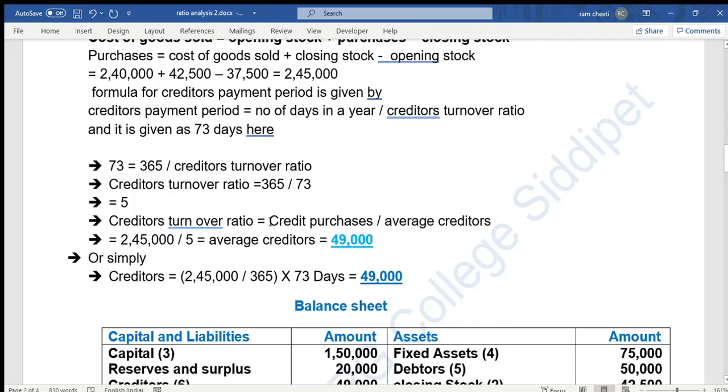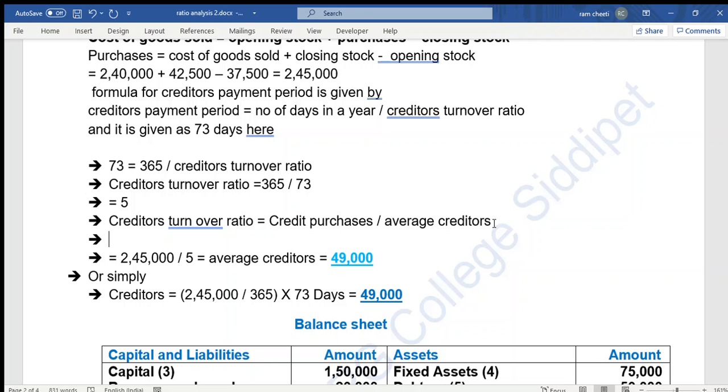So credit purchases we have just calculated as 2,45,000, and creditors turnover ratio we know is 5. So we are solving this for average creditors.